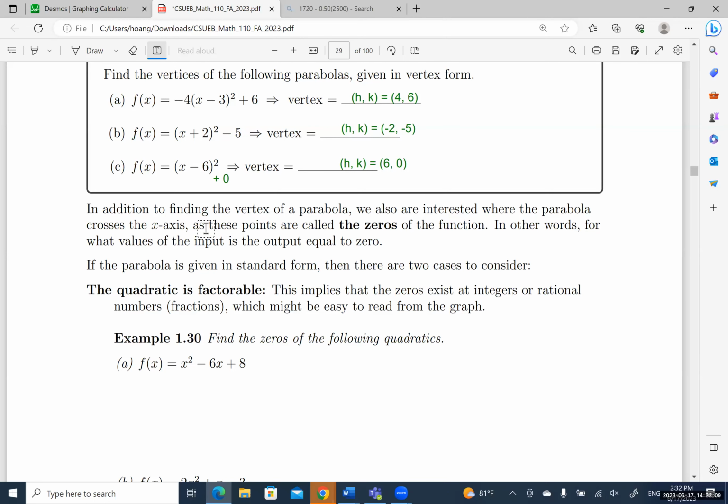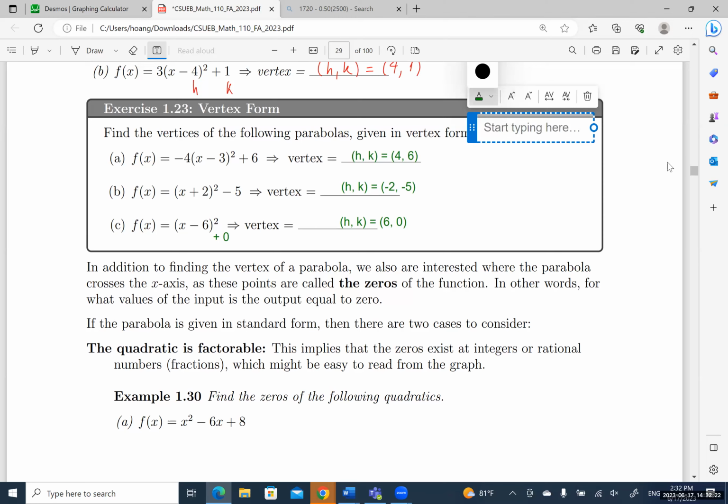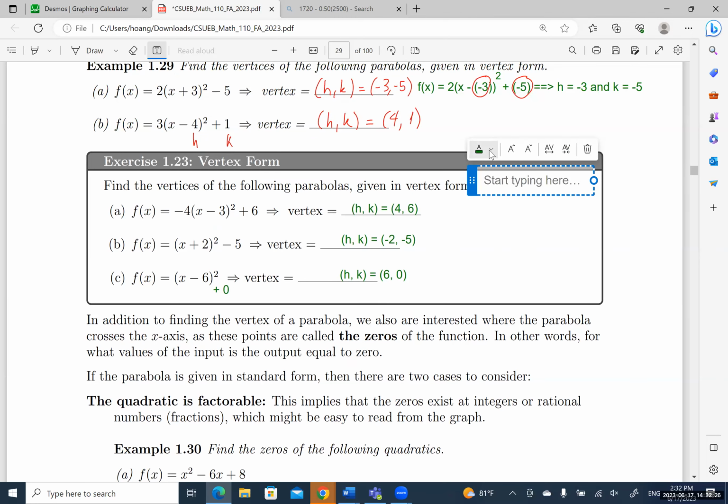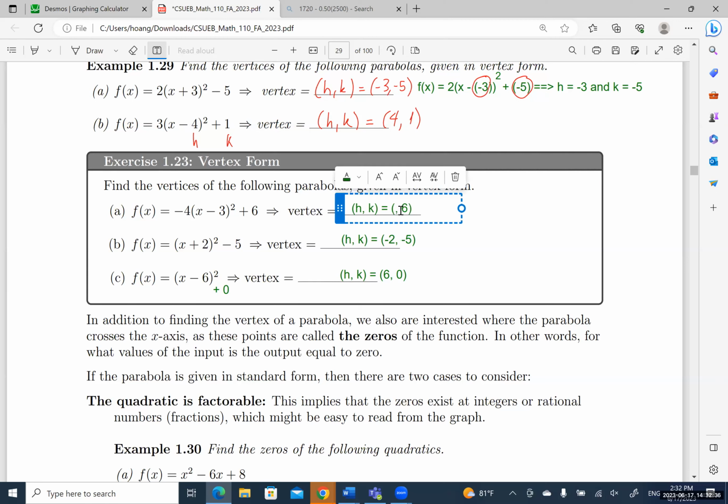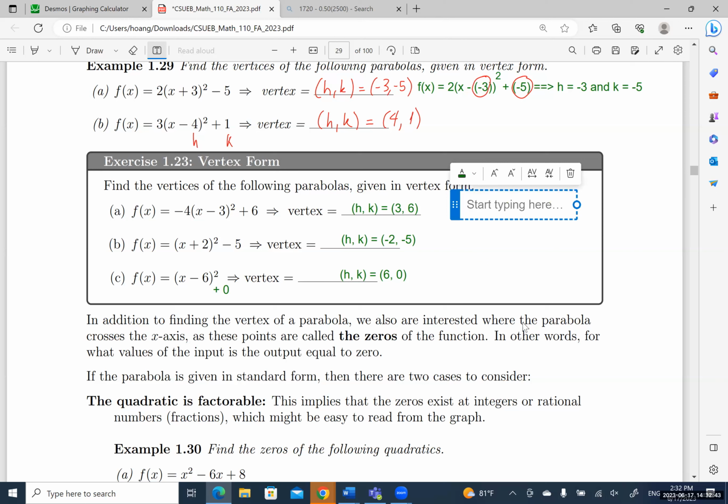So according to all the problems that we did, I can note for myself that we can change the sign.